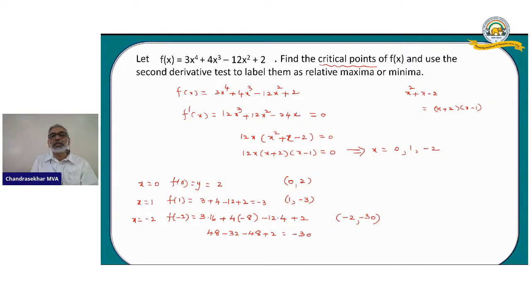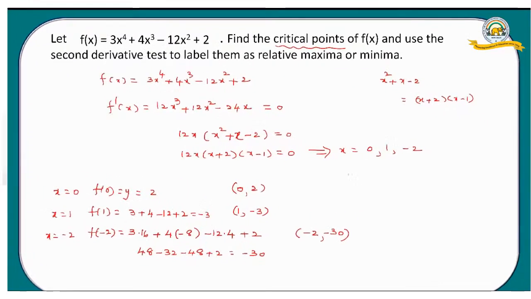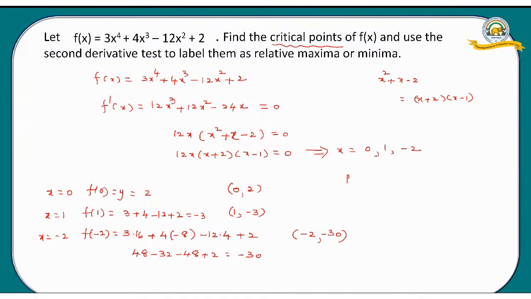Differentiating once again, f double dash x, or d square y by dx square, is equal to 36x square plus 24x minus 24.